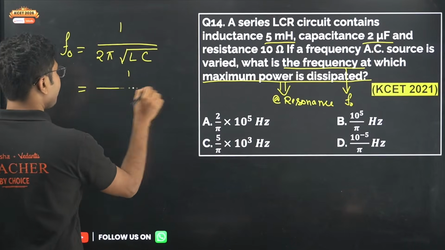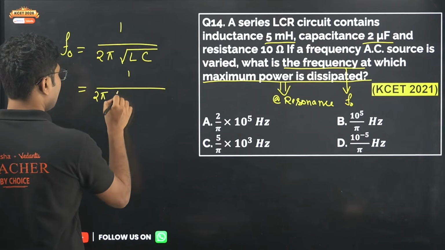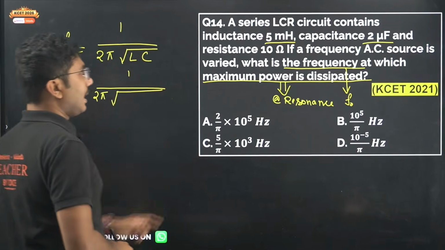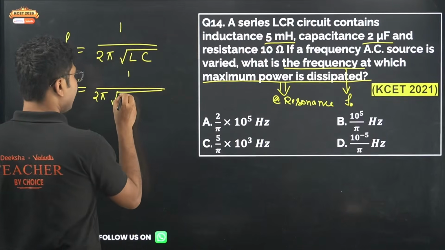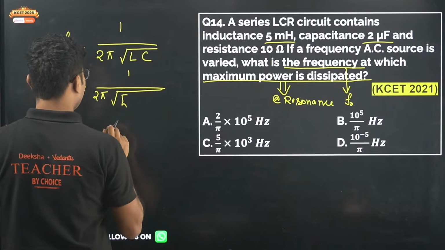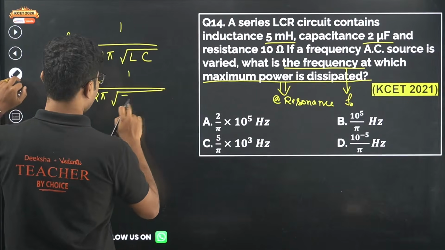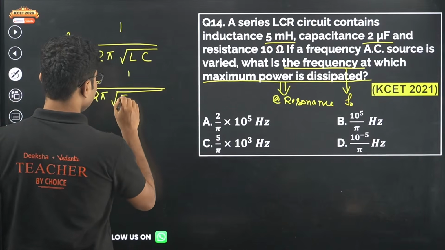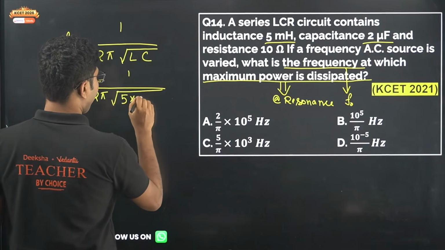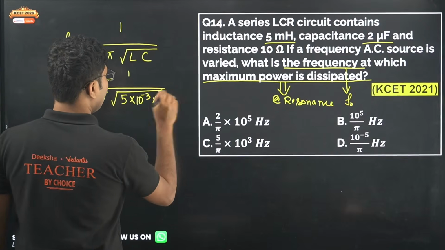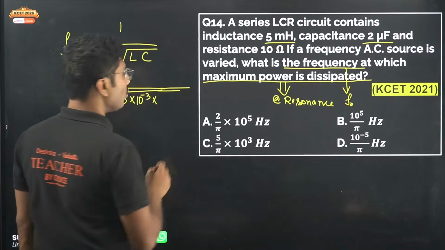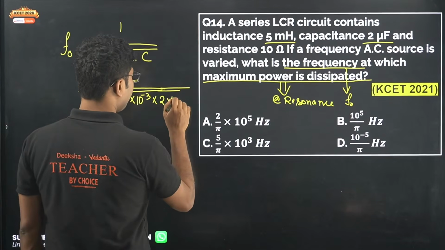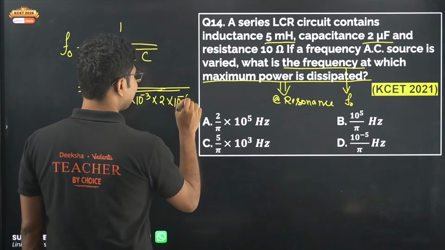So 1 upon 2 pi, L is 5 millihenry, 5 into 10 to the power of minus 3, and capacitance is 2 microfarad, which means 2 into 10 to the power of minus 6.